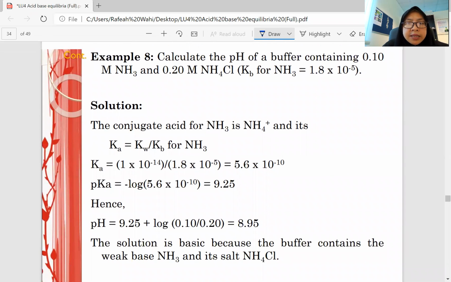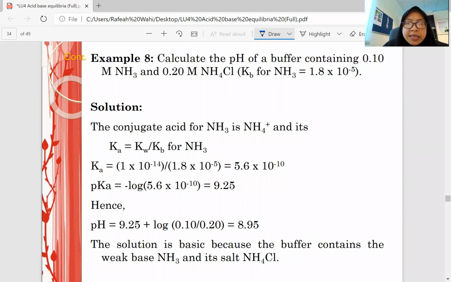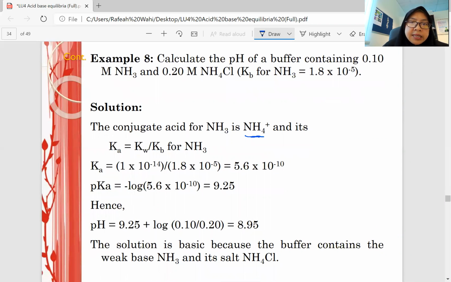The conjugate acid for ammonia is ammonium, and its Ka is equal to Kw divided by Kb for ammonia. You know that Kw equals Ka times Kb. We learned this in the first part of our lecture. So Ka is Kw divided by Kb.